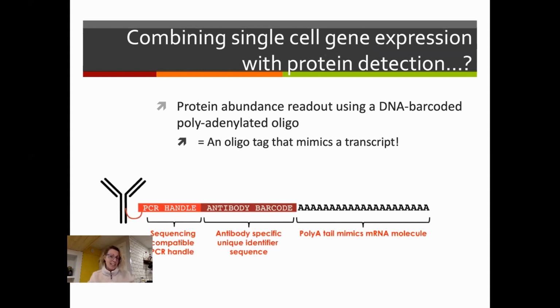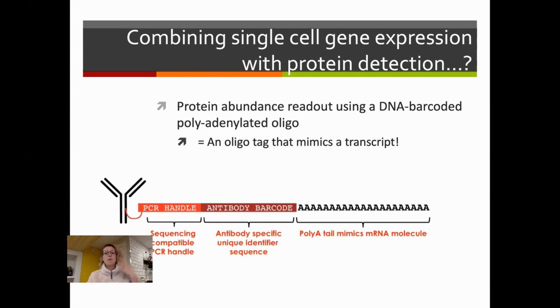This is done by using a DNA barcoded polyadenylated oligo attached to the antibody. So instead of using a fluorochrome or a metal isotope, we can now attach an antibody barcode that is genomic that will uniquely identify that specific antibody.